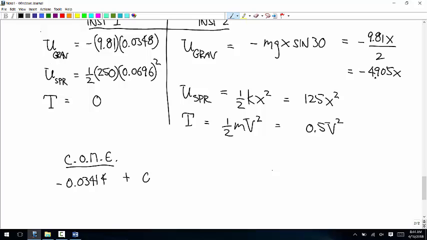This is positive 0.605. Kinetic energy is 0. And all this is equal to negative 4.905x plus 125x squared plus 0.5 v squared.